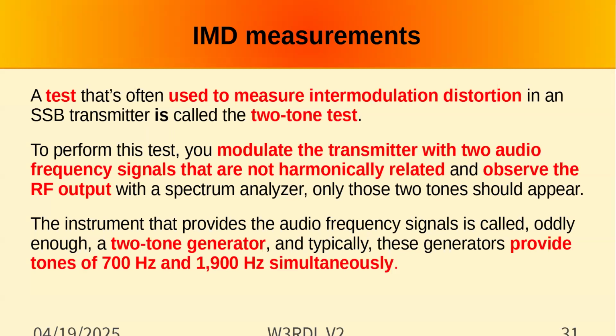It's like trying to use prime numbers, although it's easier to use rounded ones. The idea is if I send those two tones through the device, I should expect to see those same two tones on the output. If there's any nonlinearity, I'm going to get mixing products. So I'll not only see those two tones, I'll see sums and differences and harmonics of them.